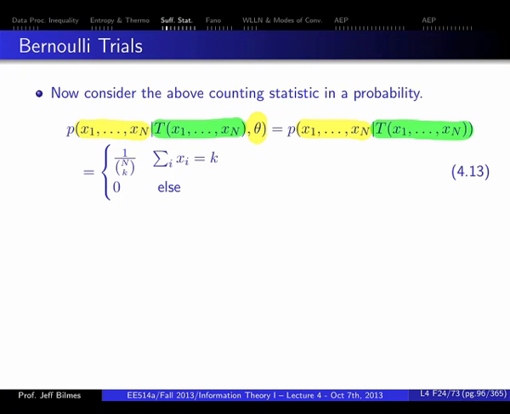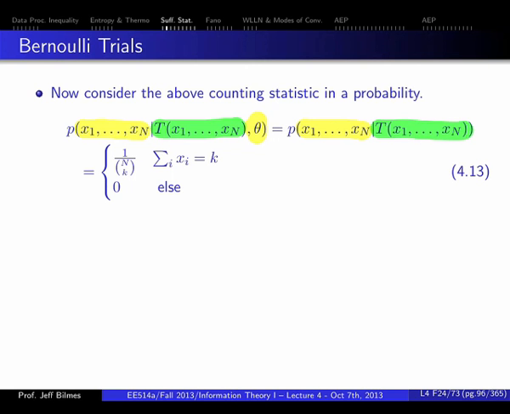Okay? So nowhere is there theta any longer. Once we've counted the number of heads, the probability changes quite a bit. It's basically how many ways there are of choosing k out of n. That's n choose k. And every instance of those has the same probability of getting k ones.